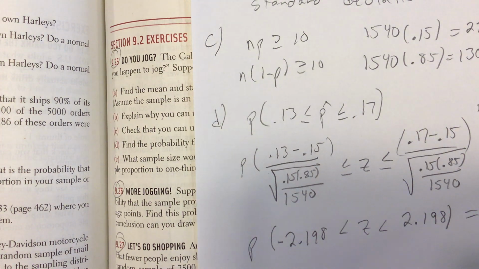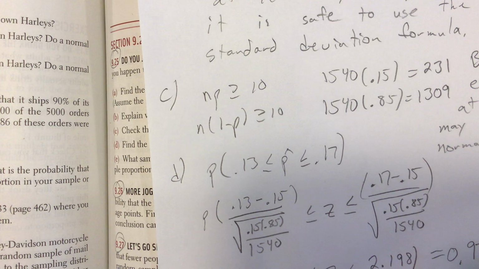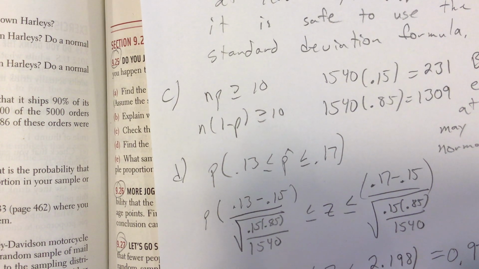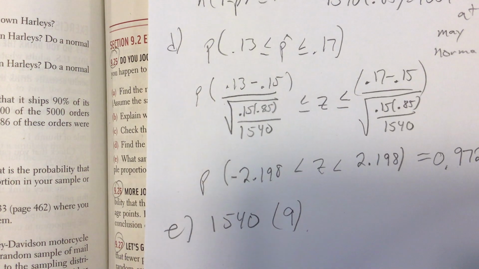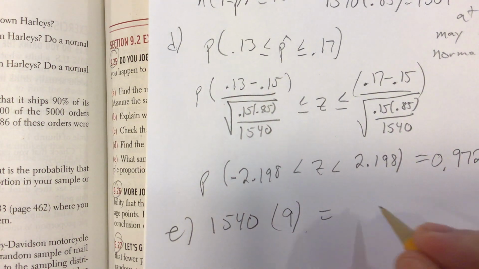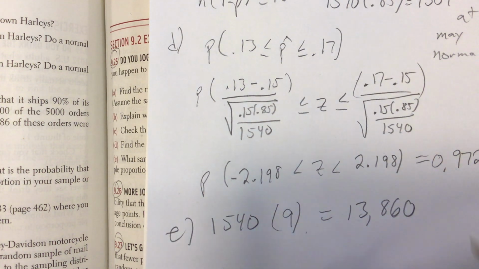But you could plug the info in here, right? And put, you know, less than or equal to whatever, but why bother, right? They're, again, purposefully asking this question because if you know what you're doing, you can just do that. 13,860 for n.